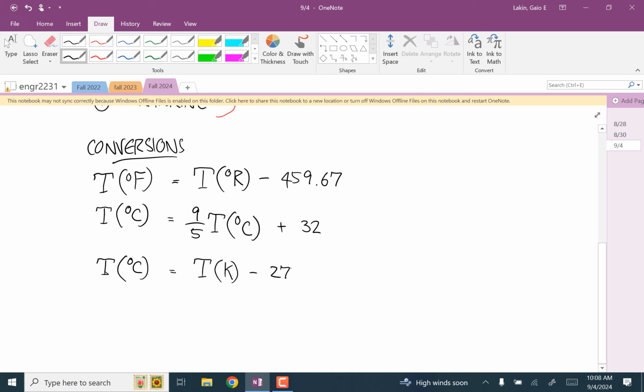And that's 273.15. A lot of times I'll just call that 273, but yes. So the second equation should say Fahrenheit.